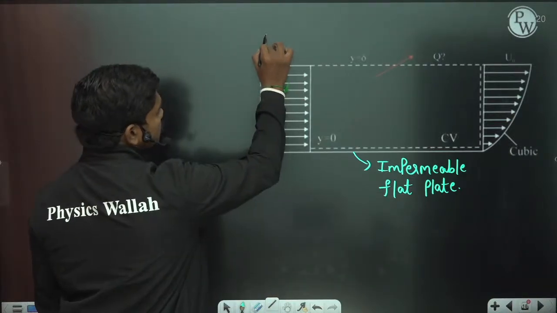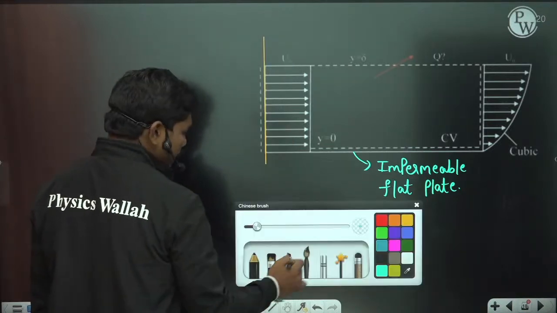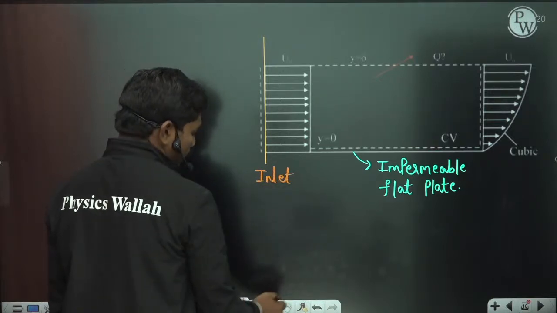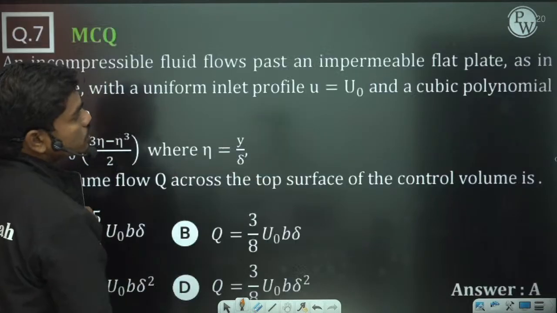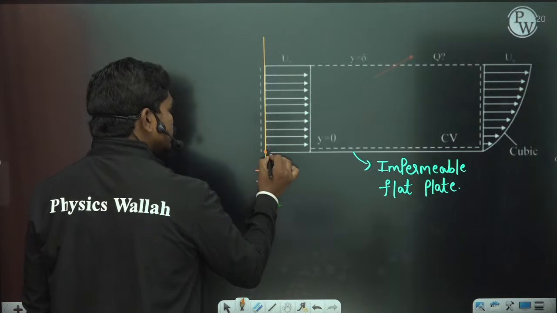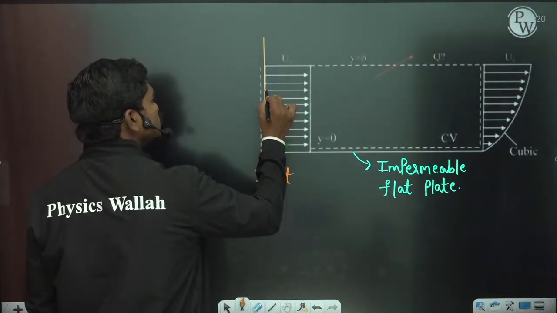At the inlet section, the velocity is uniform, equal to u naught. So if you take all these points, at all these points the velocity is u naught.